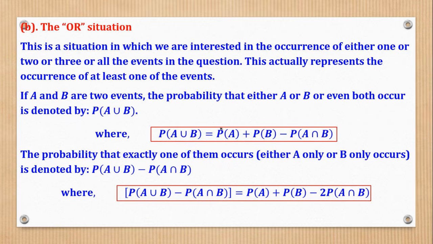But there is also another common term which appears in A level and is very common. It says the probability that exactly one of them occurs. So the probability that either A only or B only will be denoted by A union B minus A intersection B. Remember, A union B, the intersection is also included, but here they said A only or B only.